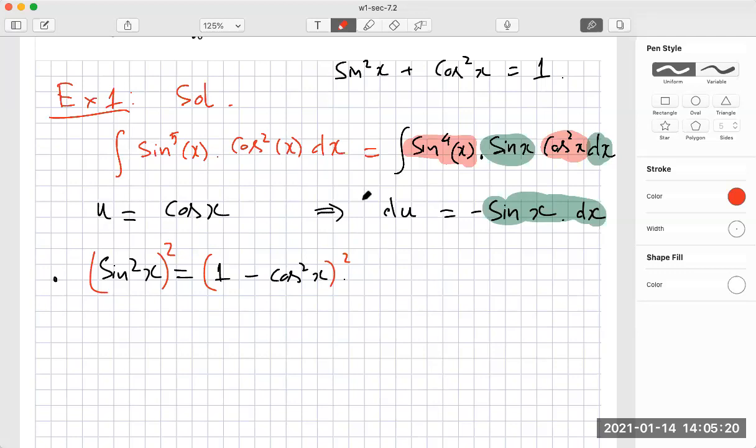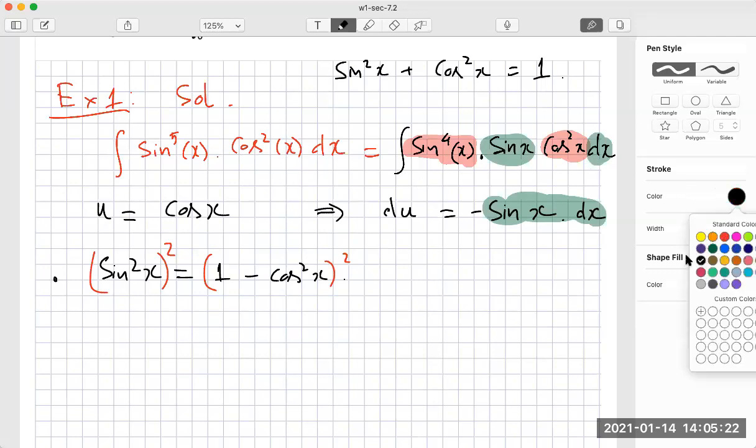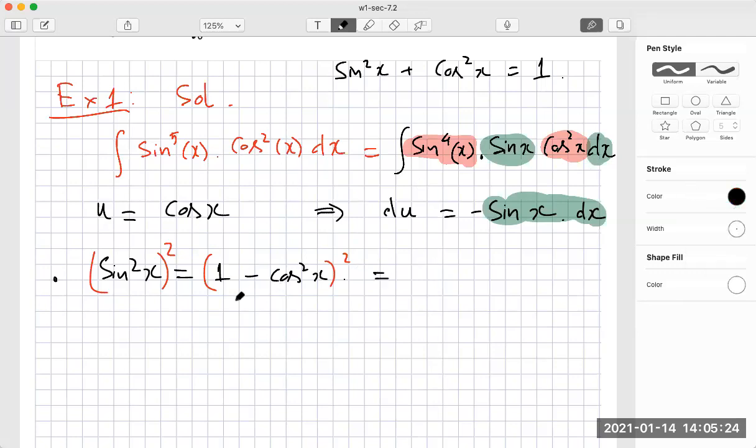Now, the right-hand side, if we write it this way, we replace cosine by u.